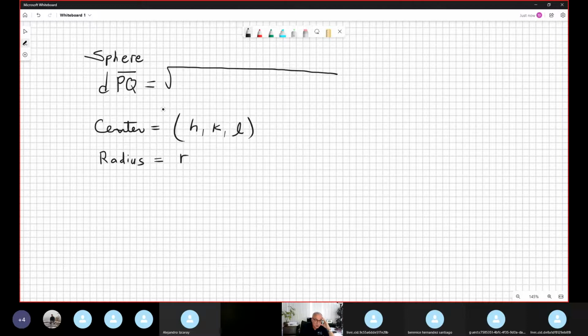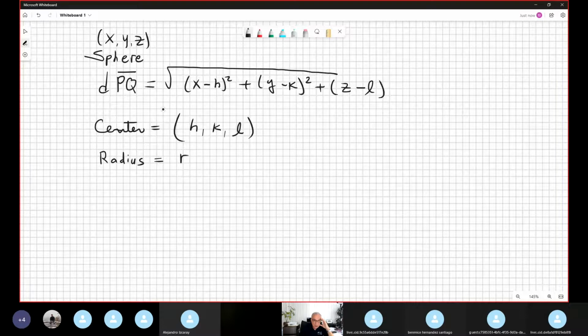I suppose any point on the sphere, like x, y, z in general. Then it's x minus h squared. You need to be familiar that h is the x component of the center, and y minus k squared plus z minus l squared. And this is equal to r, which is the radius.